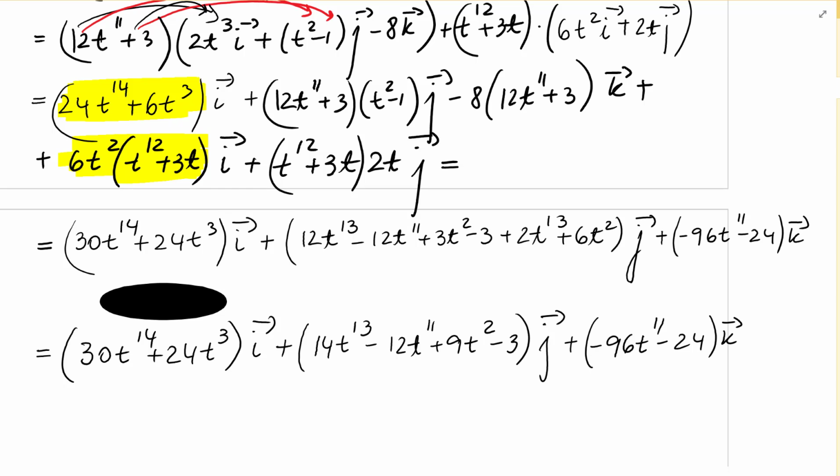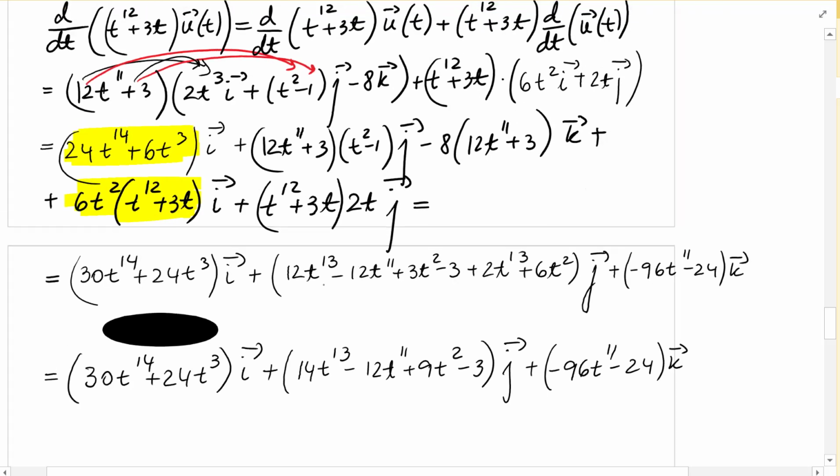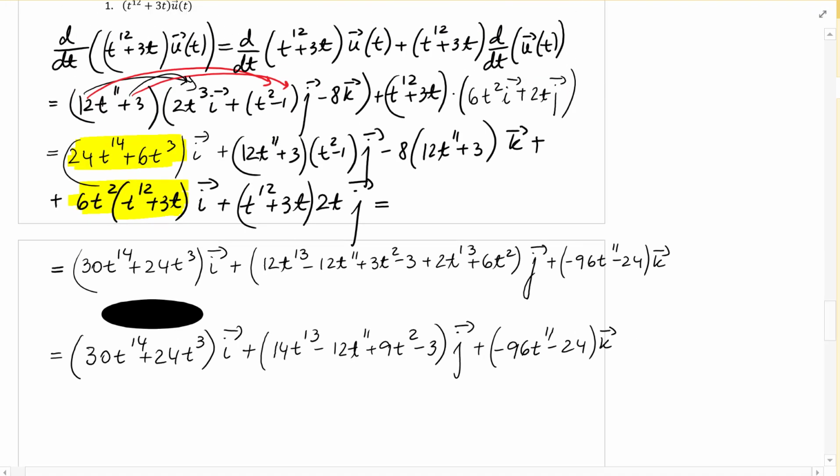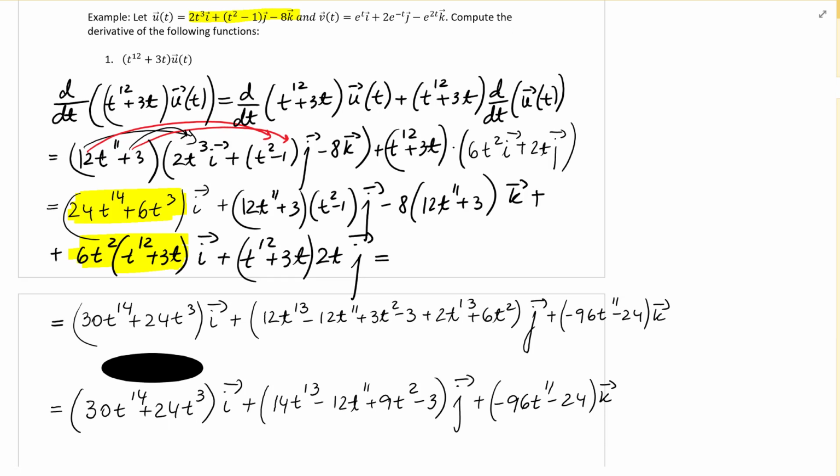this answer. And of course, we could have done this problem by multiplying this function first, this function times u, and then differentiating. So it could have been done that way as well. But I chose to differentiate using the product rule.